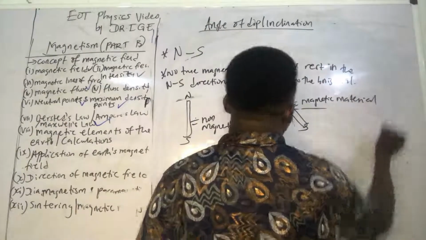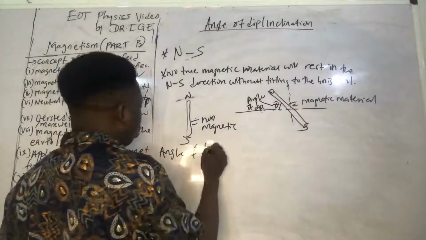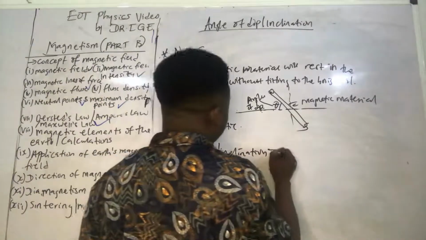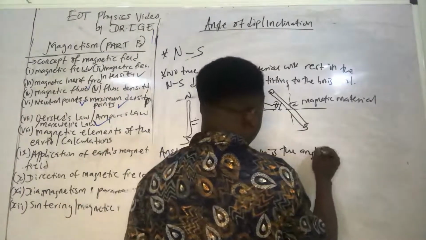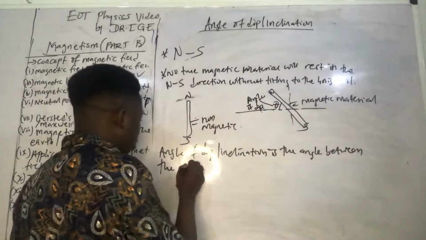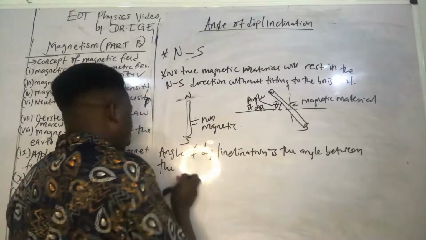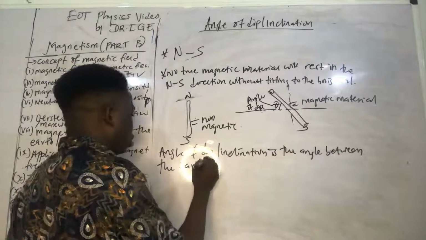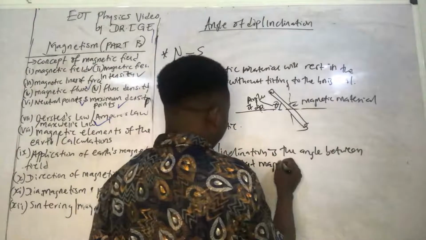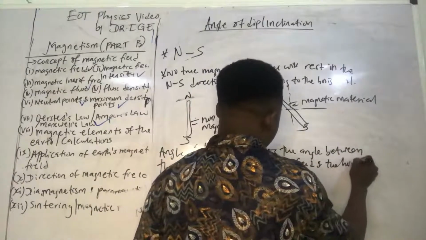So if I may ask, what's now angle of dip? Angle of dip, or inclination, is the angle between the Earth's resultant magnetic field and the horizontal.